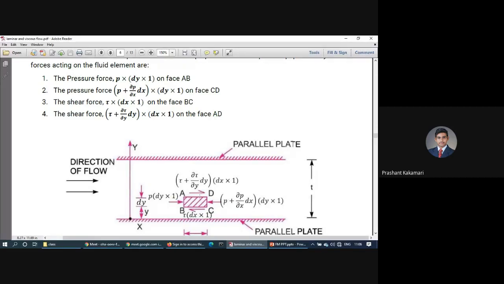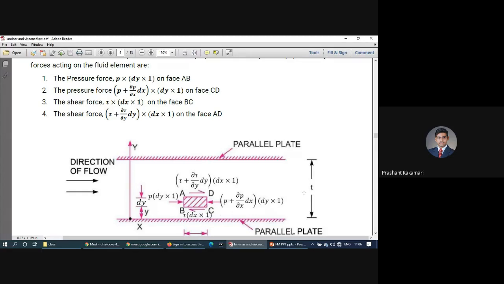These shear forces, or the shear stress, are shown by these equations: tau plus dou tau by dou y into dou y. In this problem they have not considered R, because here we have not considered the circular area. If it were a circular area, they would have considered the diameter or radius, dou R. But here they have taken the distance between the plates as y or t.